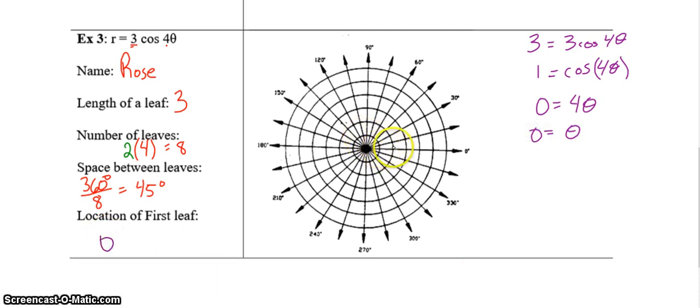So out here at 1, 2, 3 for the length, starting at 0. Now we're going to go up every 45. 45, 45, 45, 45, 45, 45, 45. That should be 8. And if you actually kept going, you should end up where you start. And then draw your 8 leaves.